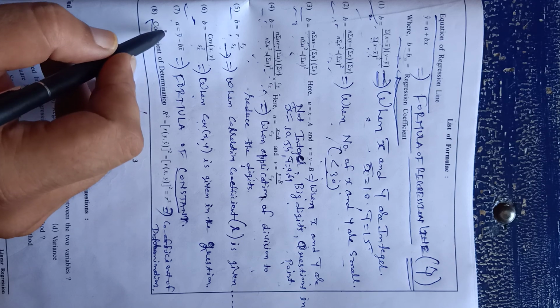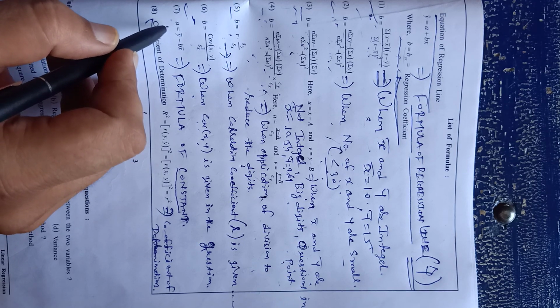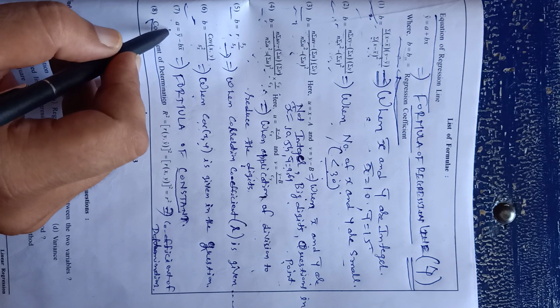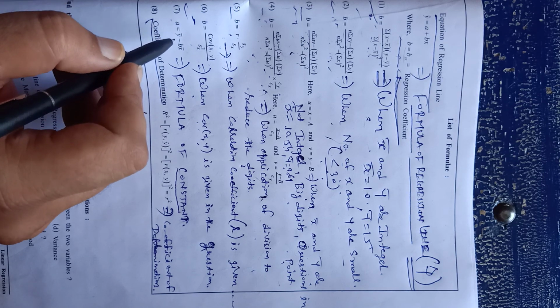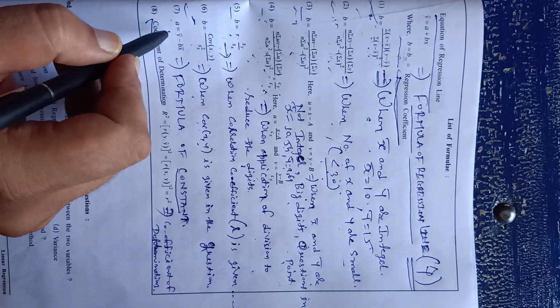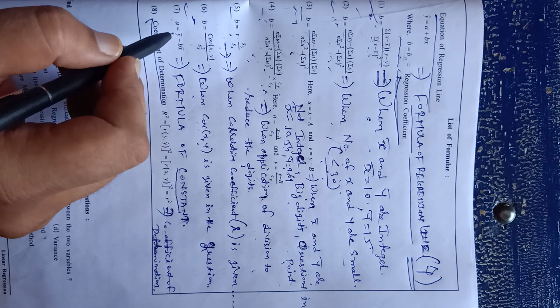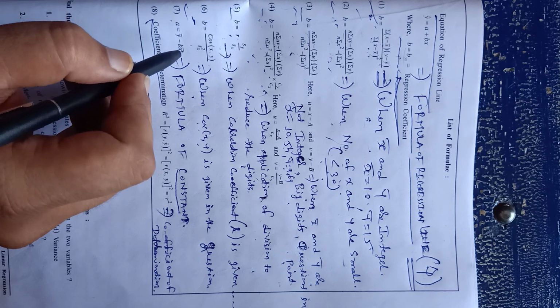The constant is denoted by A. The formula of constant A is equal to y bar minus b x bar.